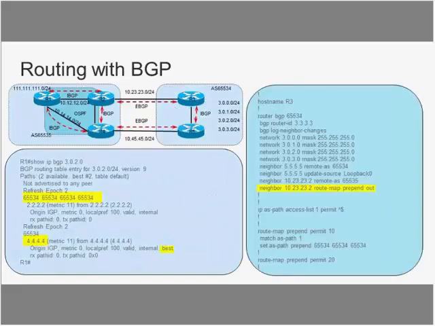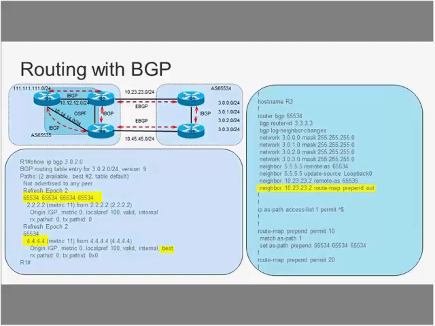Okay. So now, like I said, AS path is also used to influence the traffic. The smaller the AS path, the higher the preference a particular path gets. So if R1 has 2 paths to reach R3, one via R1, R2, and R3, another via R1, R4, R5, and R3, right?